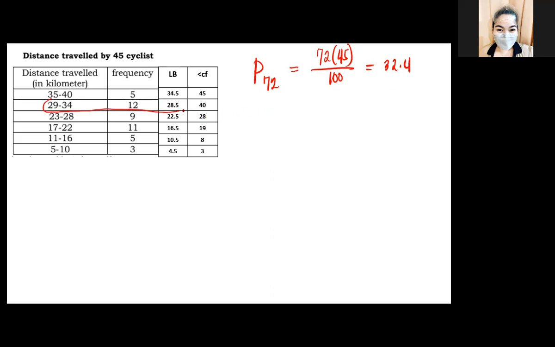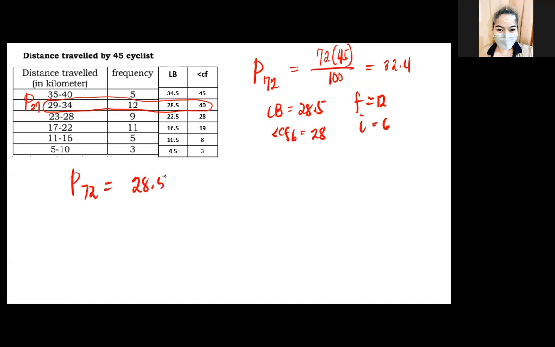Dito pa rin. So, nandito yung P sub 72 natin. Our boundary is 28.5. The cumulative frequency below is 28. The frequency is 12. And the i is 6. Substitute. We have 28.5 plus 32.4 minus 28 divided by 12 times 6. So, ano po yung i-add ko dito?